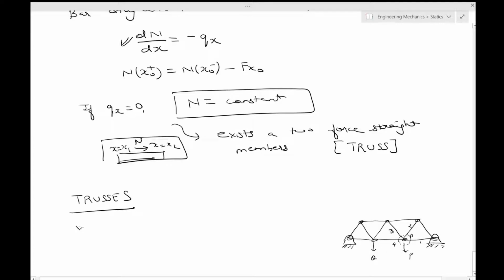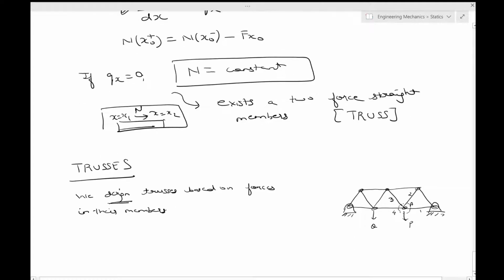So we design trusses based on forces in their members. If we know the overall load to be carried by, say, a bridge, then you would design it in such a way that the overall load is carried and none of the members of it fail. So we must find out what are the forces on their members.